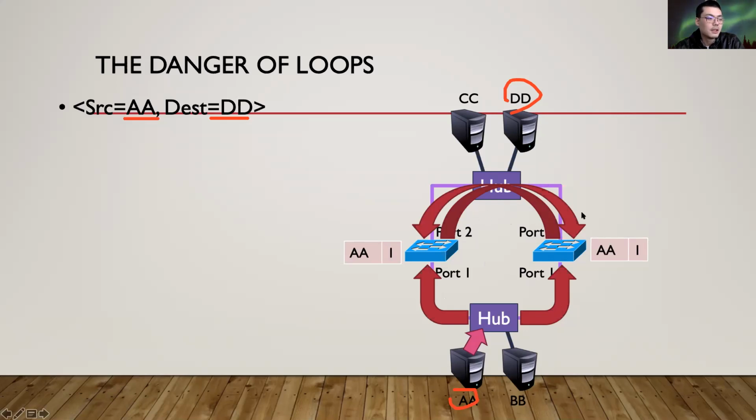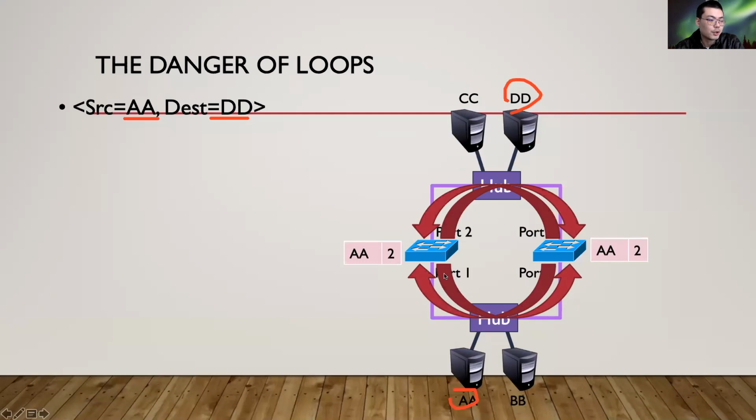So it will not terminate, because this time the packet comes to this bridge from port 2 instead of port 1, so the entry is updated to port 2. Since it's coming from port 2 and there's no entry for destination DD yet, it will be forwarded to the other side, arriving at port 1, changing the entry to port 1, and repeating. Simply put, if you have a cycle, the frame may flow forever and never end. That's not good.